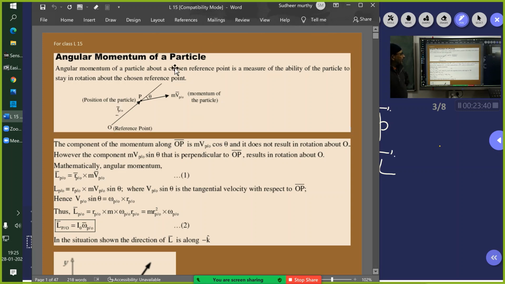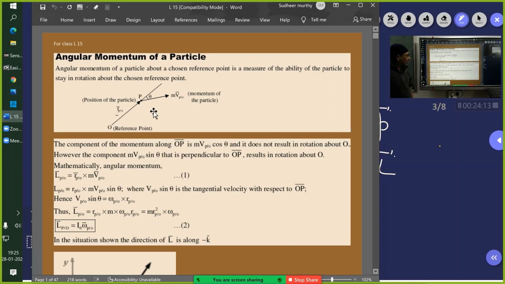Okay, so angular momentum of a particle. We begin with this. You can see here there is a reference line O, and the particle in question is here at P, the position of the particle, and we designate this as R bar P with respect to O. This is a good designation, that is R bar is always pointing towards P, and it is always referenced with respect to O. That means if the particle changes its position, R bar PO will also change, but the meaning will not change.